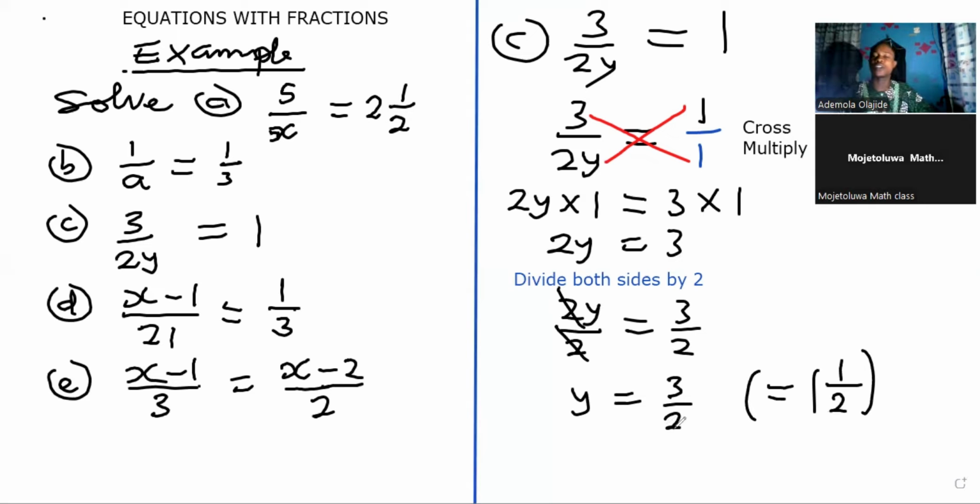So if you need to convert this one back to 3/2, what do you do? Look at this. To convert this number back to 3/2, this one we call a mixed fraction.